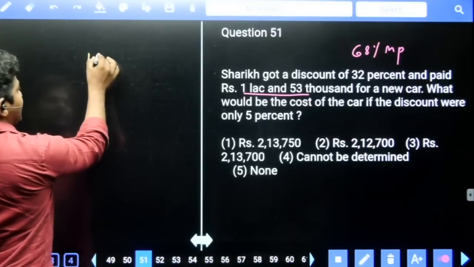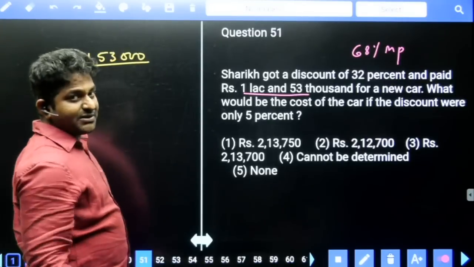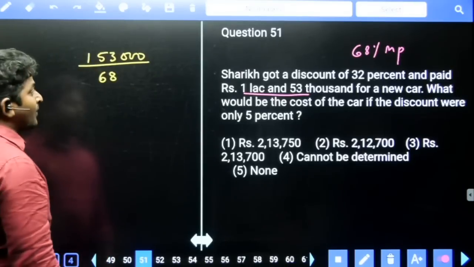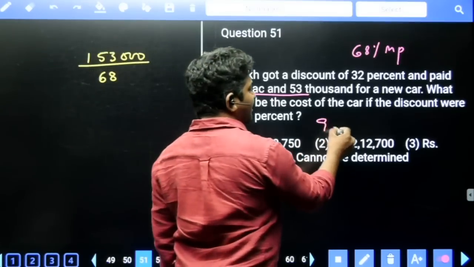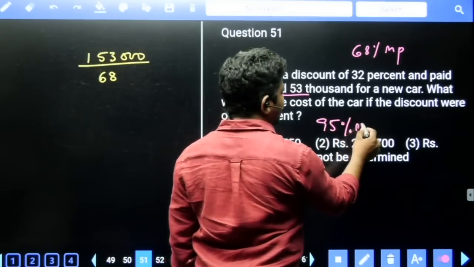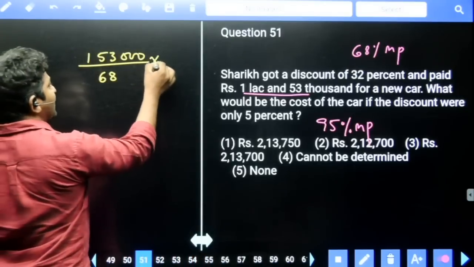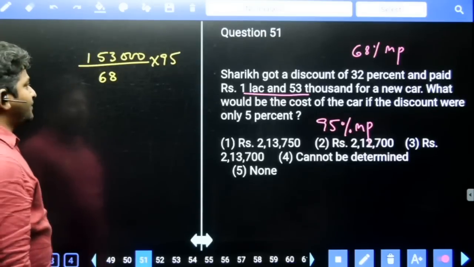From this, 1,53,000 is equal to 68%, so 1% is equal to 1,53,000 divided by 68. And then when there is a 5% discount, you will purchase the same car at 95% of the market price. So we need 95%, this value multiplied by 95.